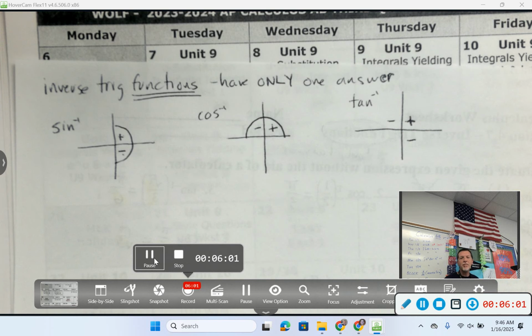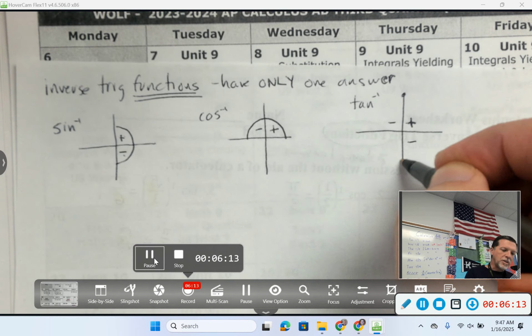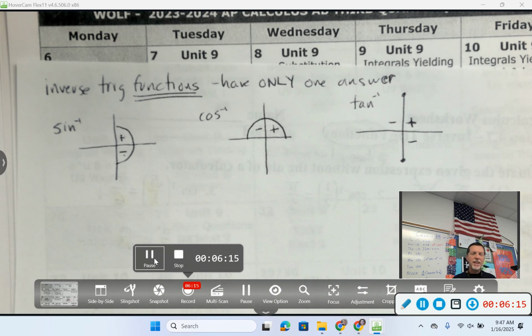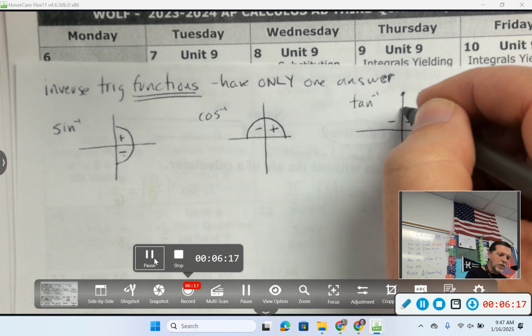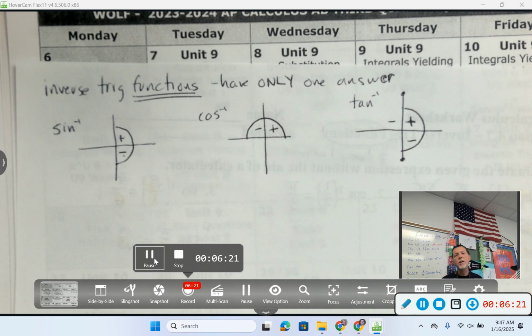Do you know where the asymptotes for tangent are? Let's see, tangent is sine over cosine. Cosine would be 0 there and there. So we'd like to avoid hitting that asymptote. So to avoid crossing the asymptote, we'll pick 1 and 4.